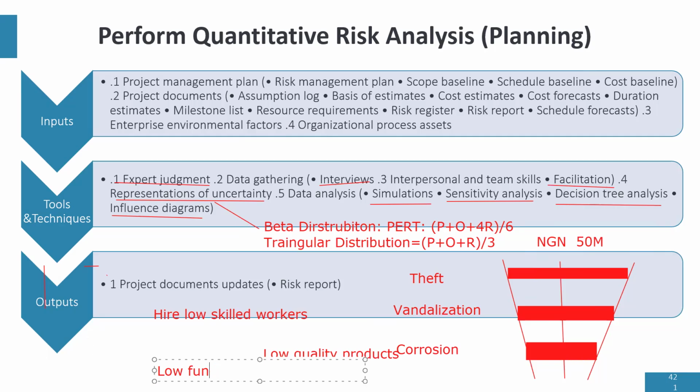Low revenue takes us back to square one. Because the organization has low revenue, they are hiring, right, low skilled workers. And low skilled workers produce low quality products. Low quality products provide low revenue.